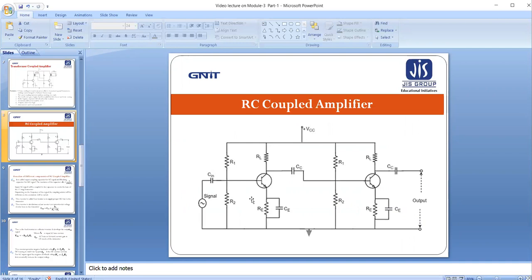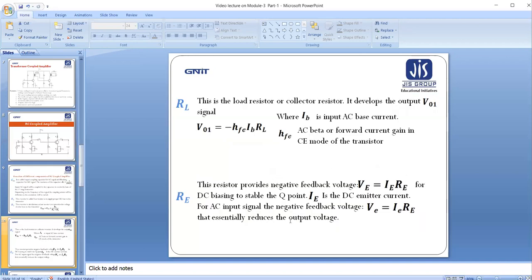Thus, the DC bias stability will be achieved. In case of AC signal, the AC emitter current will also develop a potential drop across this RE if we are not considering the CE. So in the case of AC input signal, the negative feedback voltage, Ve with suffix small e, equals ie into RE. Look here, this is the AC voltage, this is the DC voltage.